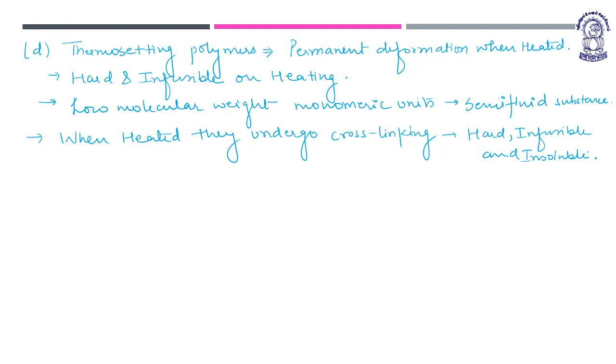Cross-linking prevents the free movement of polymeric chains.